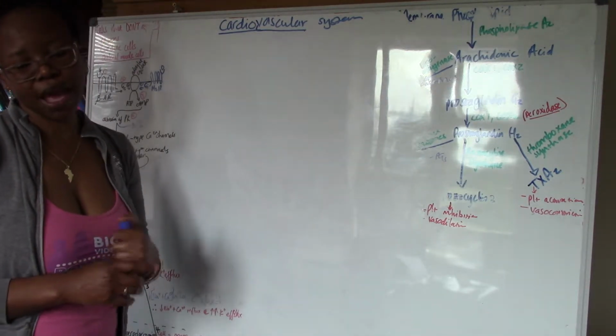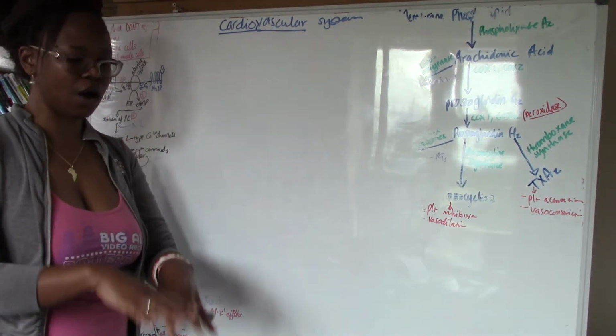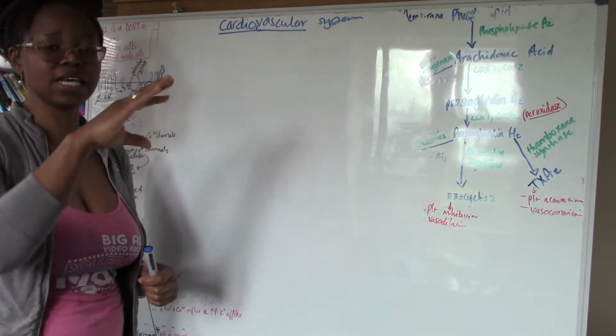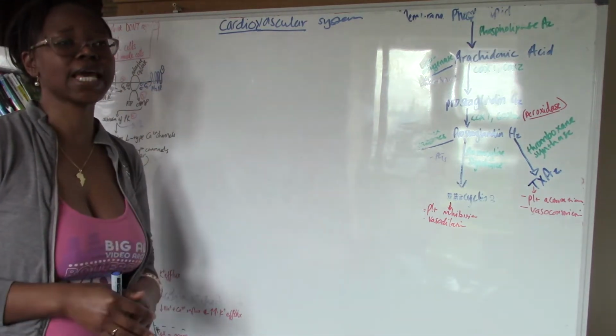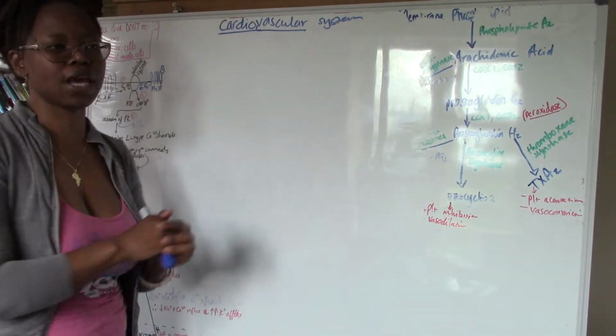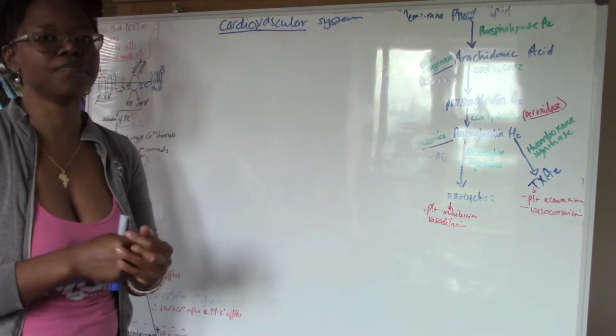If we were looking down on a dissected specimen, we would also find the coronary arteries and coronary veins lying directly onto the epicardium itself. So that is its function.